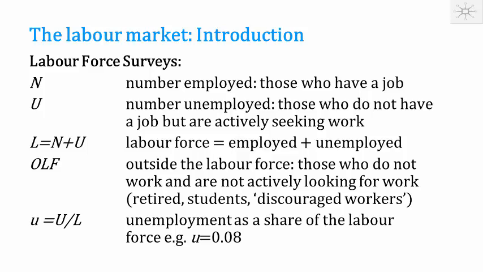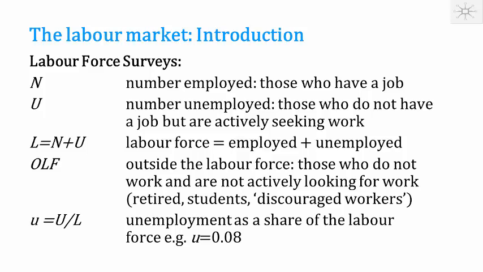But of course there's a substantial part of the population which are not part of the labor force, and they are called outside the labor force. And that means people who are not working and not actively looking for work. Can be children, retired people, students. Can also be people who would like to have a job but they have given up actively looking for work, so-called discouraged workers.